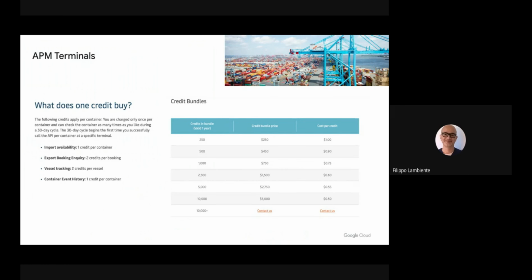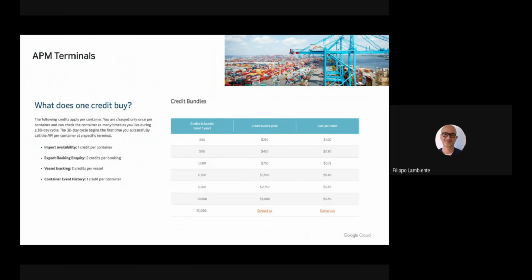For example, we see here that APM Terminals, which manage the containers, especially in North Europe, in the Netherlands, have identified that they could attach some money to the fact that they can provide information about the state of the container.